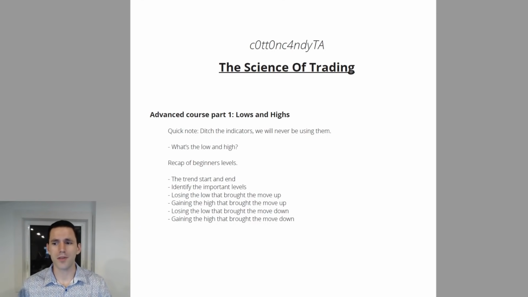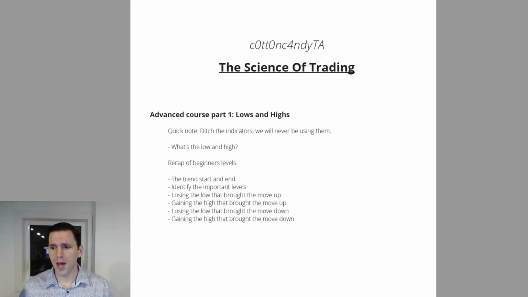Really, all they're doing is giving you a set of data from the past. They are giving you what has happened in the past, but they can't tell you what's going to happen in the future. Regardless of what you may think about Elliott wave, ABCD retracements, camouflage levels, pivots, Fibonacci, you name it, they're all useless. So ditch the indicators. We won't be using them.